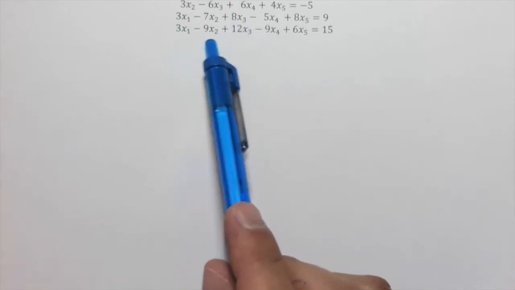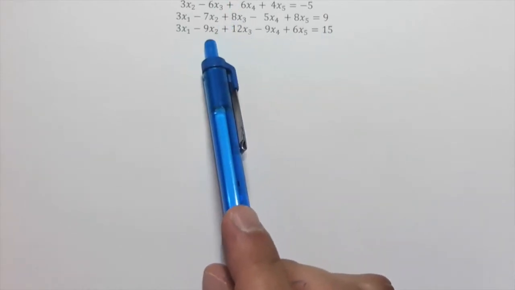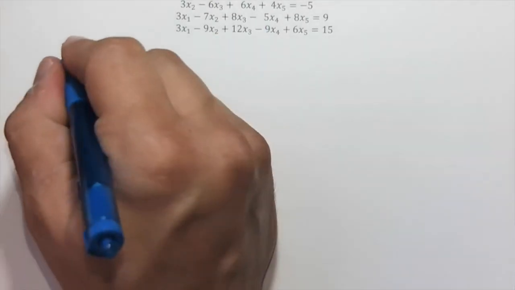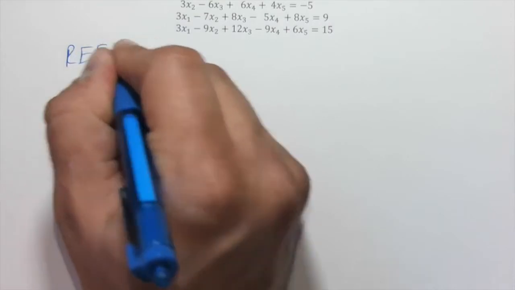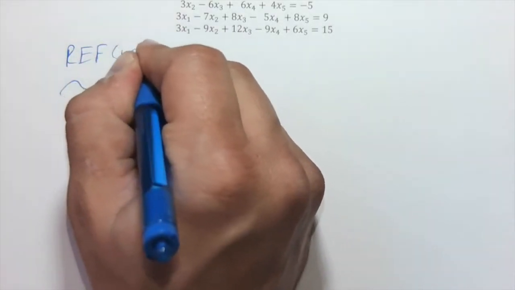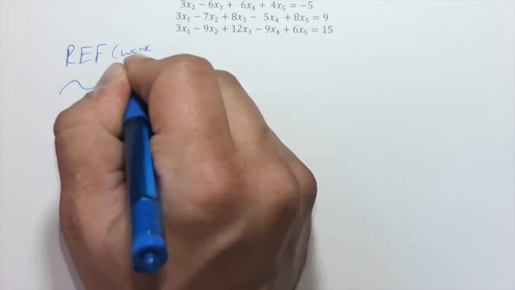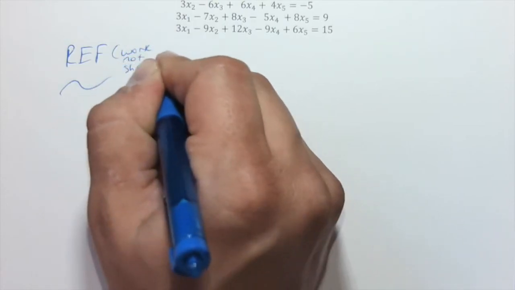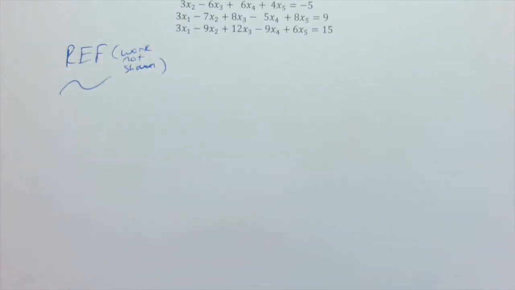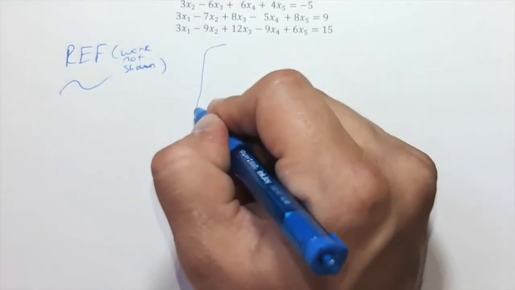So here's a system. We could solve this system by putting it into a matrix and reducing, right? I'm not going to show you that work. Let's just put it in REF. I'm just skipping right to the reduced form. And the reduced form looks like this.